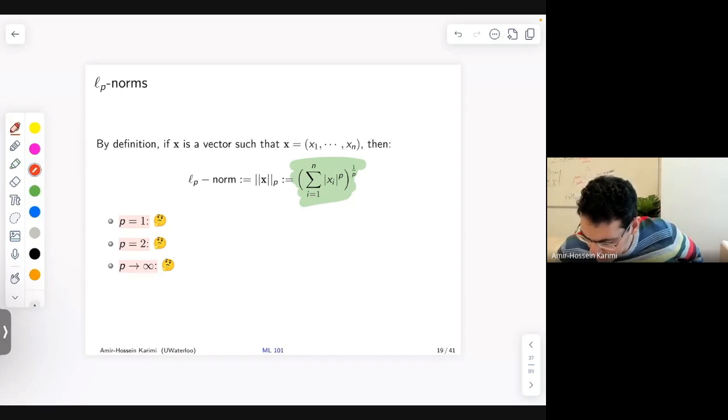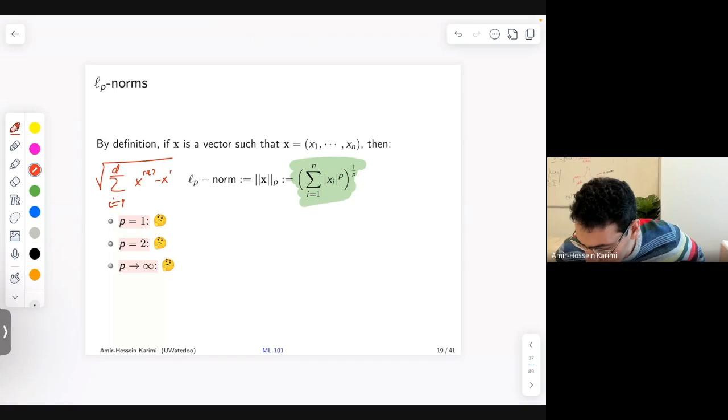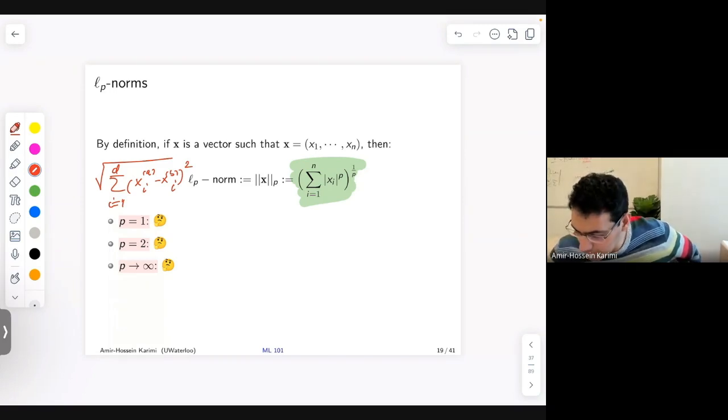As a reminder, the last slide said that for the Euclidean norm, it was the sum from 1 to the number of dimensions that I have of xa minus xb squared at that particular dimension, right? That was the L2 norm, or the Euclidean distance that we defined, and now we're going to define the LP norm as this expression here.